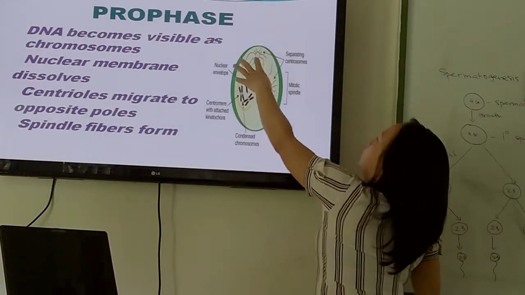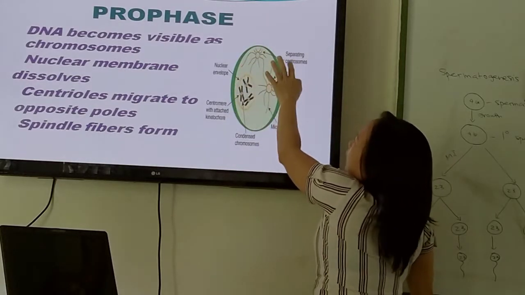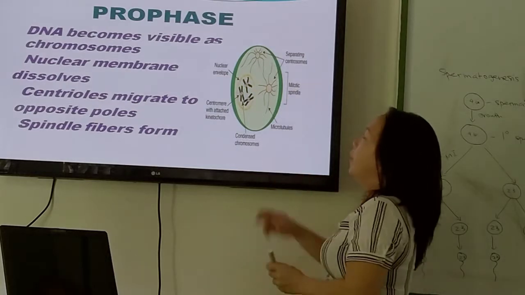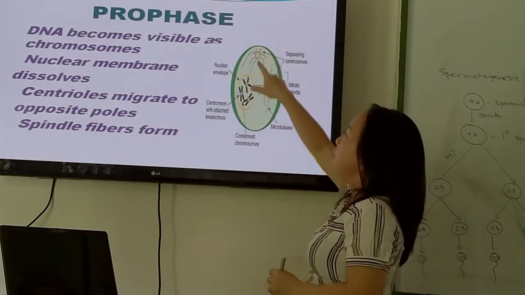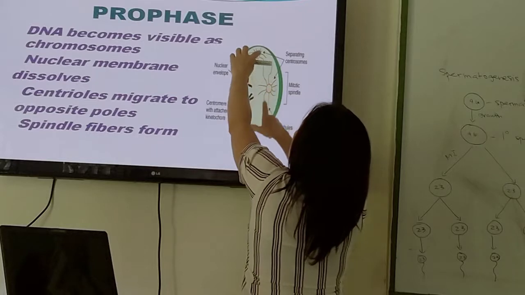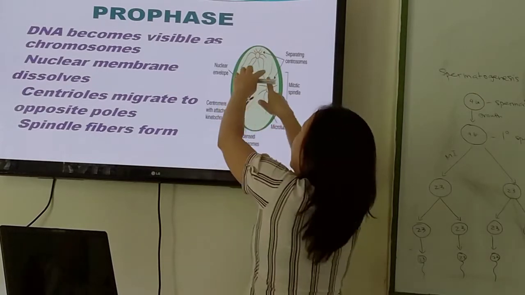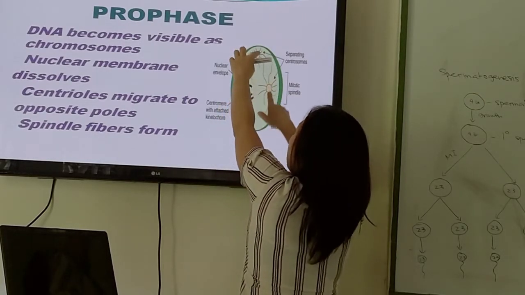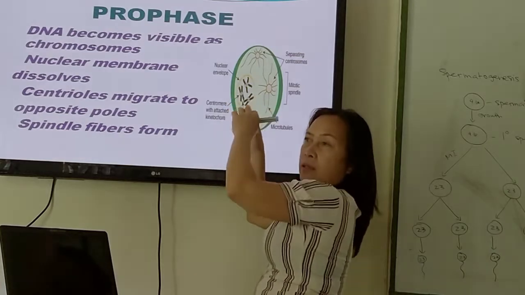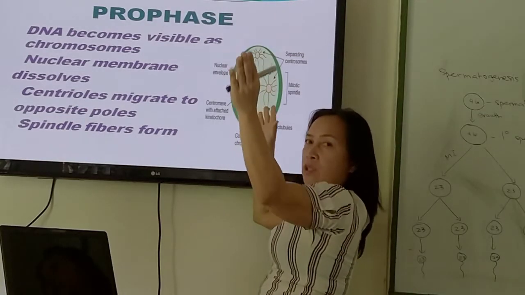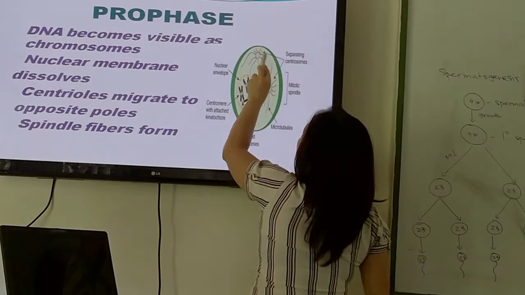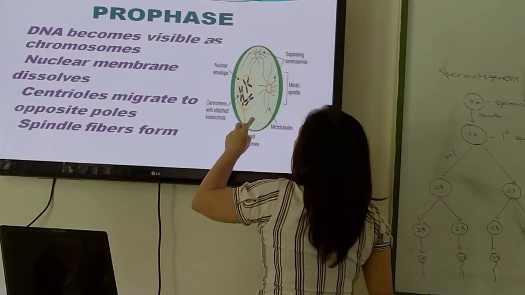A pair of centrioles, which is packed already in the centrosomes. Now, these centrosomes start to go to the opposite pole. So, they divide, one going to the left, one going to the right. Okay? So, they start to move to the opposite pole.